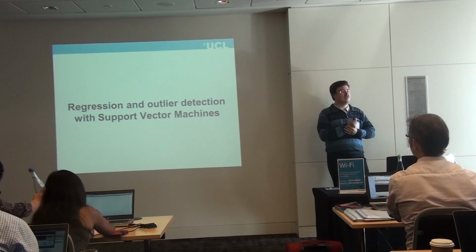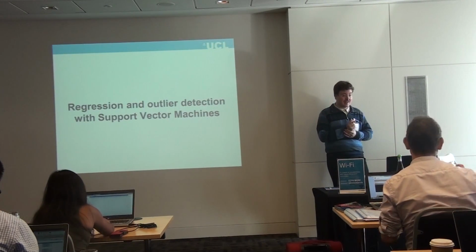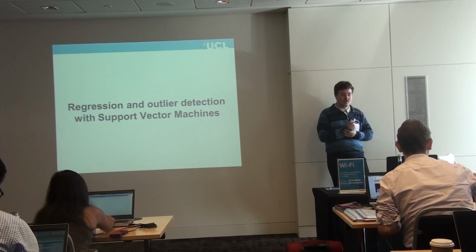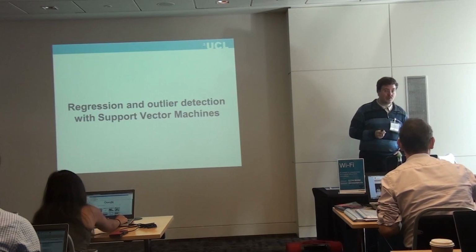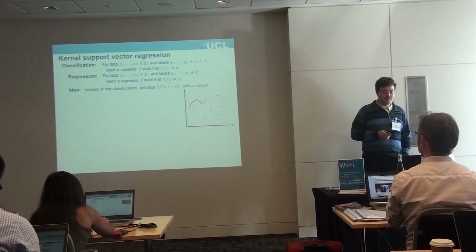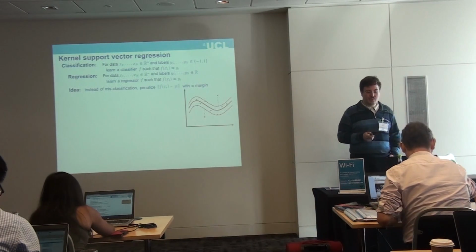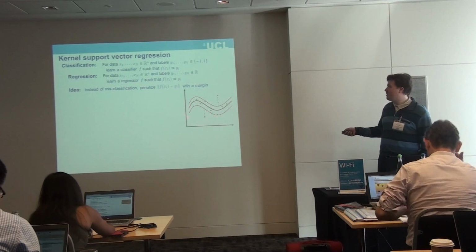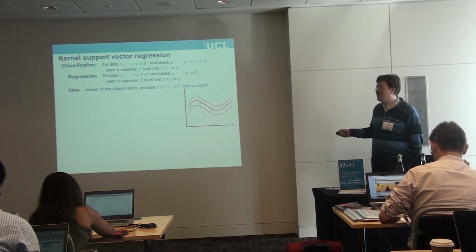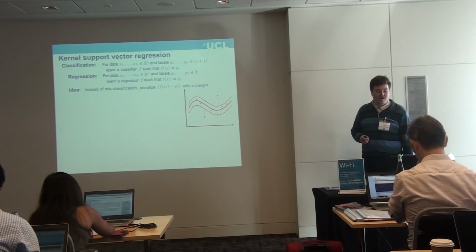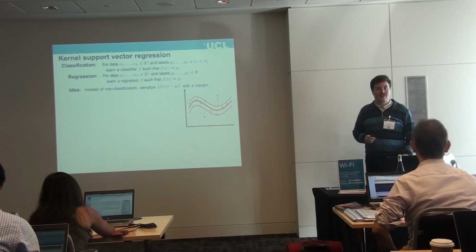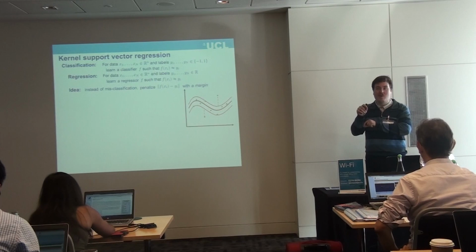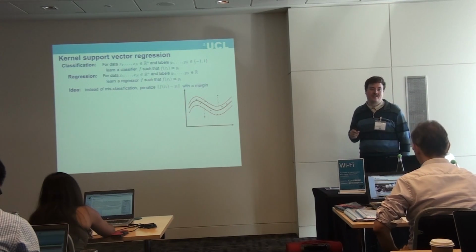Okay, so I'm going to skip these slides, but I will share them with you. So support vector classifiers for regression intuitively work in the way that, instead of having multiple classes, you try to find a function around which, within the margin, all points lie.